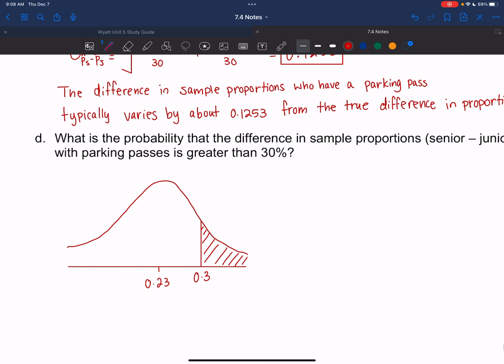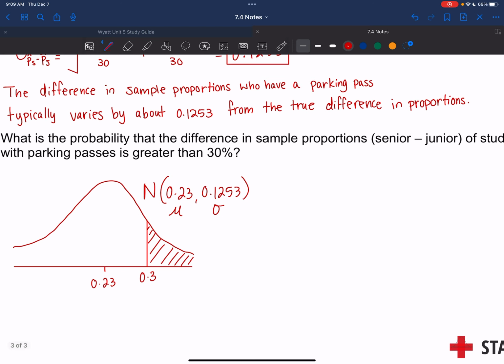Okay, so remember, our mean was 0.23 and our standard deviation was 0.1253. Because this is approximately normal, we can calculate a z-score for it.